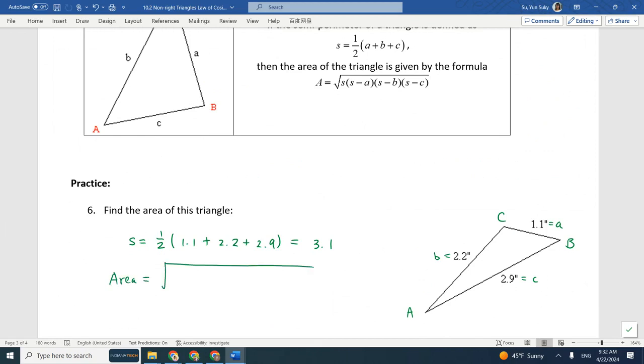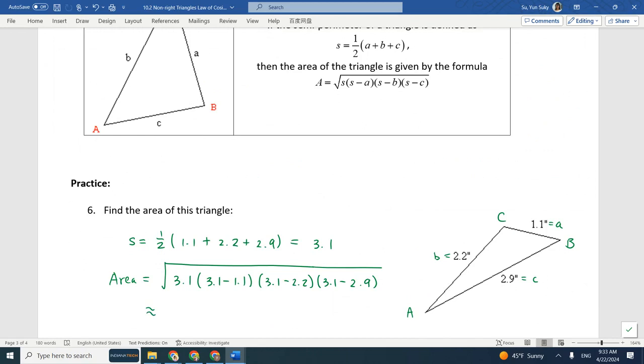Okay, now the area equals the square root of S. So we plug in the formula. S is 3.1. And then S, 3.1 minus A. A is 1.1. S, 3.1 minus B. B is 2.2. 3.1 minus C. What is C? 2.9. Okay, put this in your calculator. What do you get?